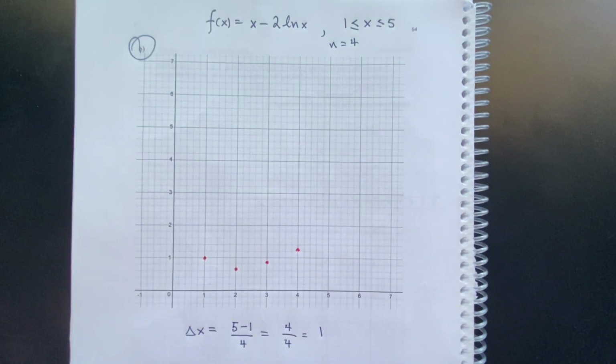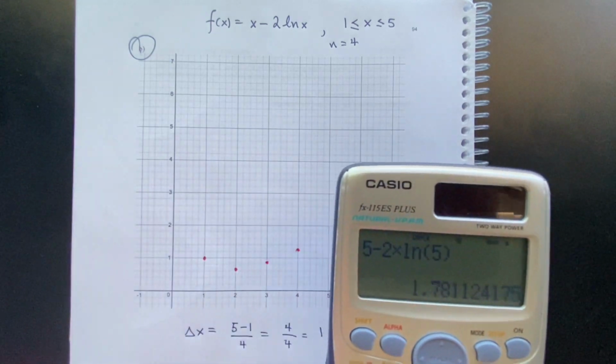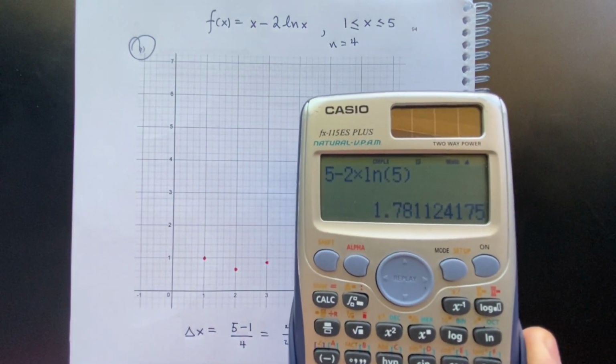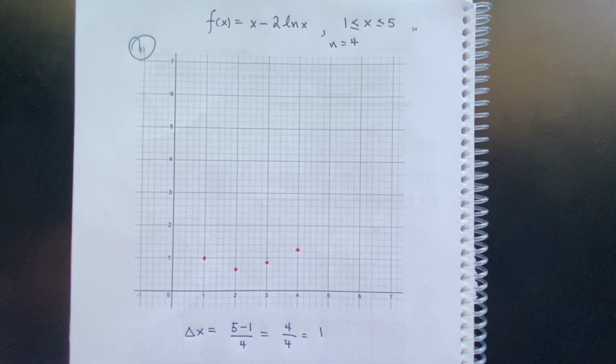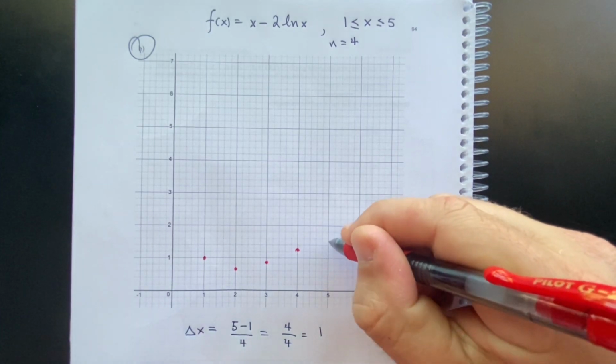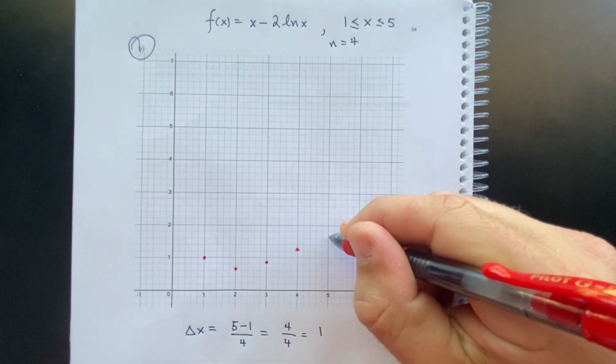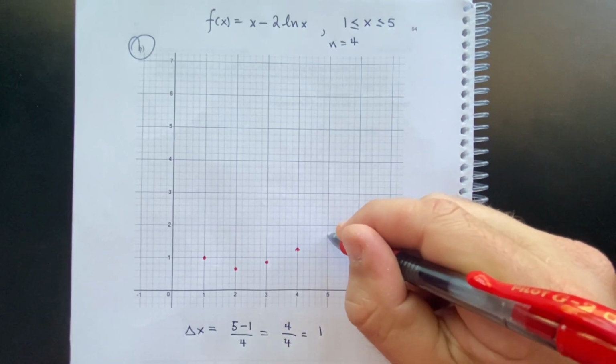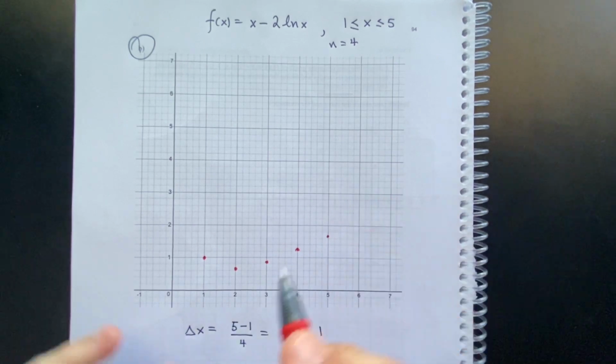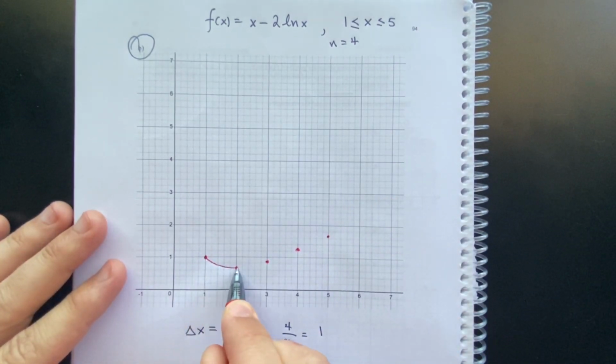Right about there. And then the last one at 5. I'm doing this on my calculator over here. So here's the last one, evaluated at 5. It looks like about 1 3/4. Maybe right about there. So we have this kind of thing happening.